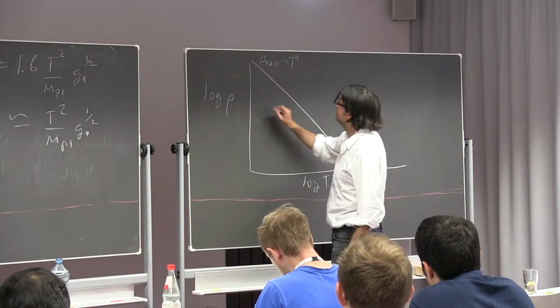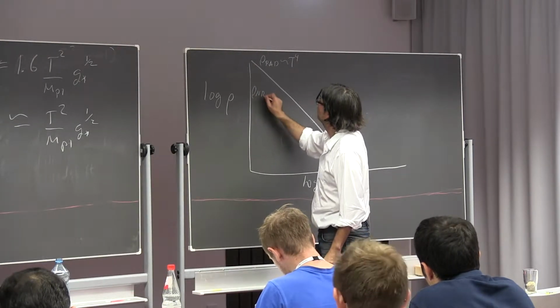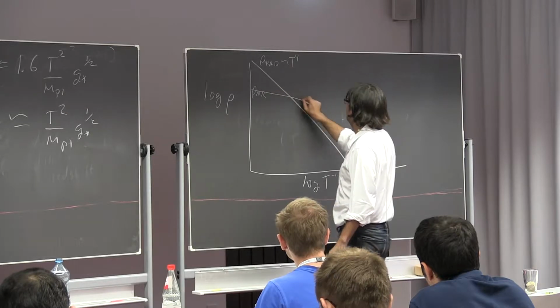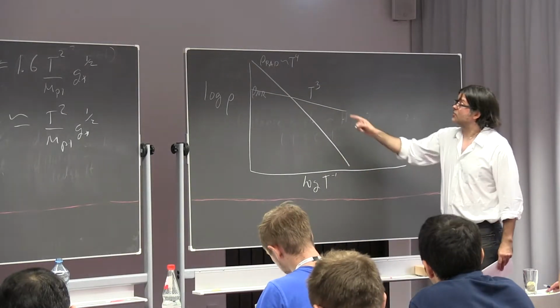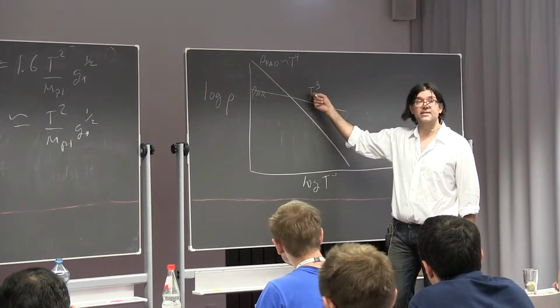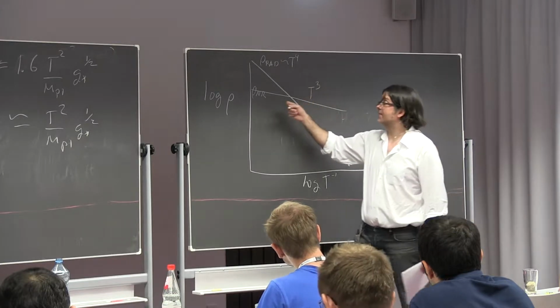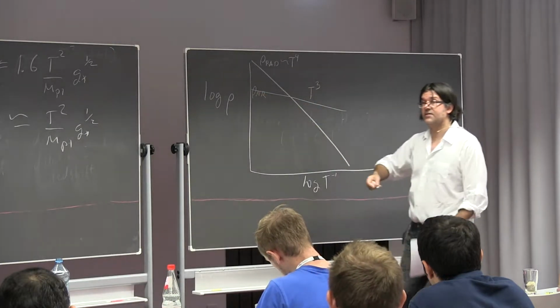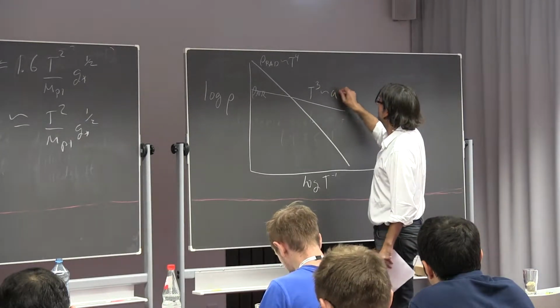In contrast, you have some matter density, which is going to ultimately be the dark matter, which is dropping off like T cubed. And remember, this is dropping off like T cubed because T itself goes like 1 over a, and the number density of a dark matter particle, non-relativistic matter, drops off like a to the -3. So T cubed is that a to the -3 factor.